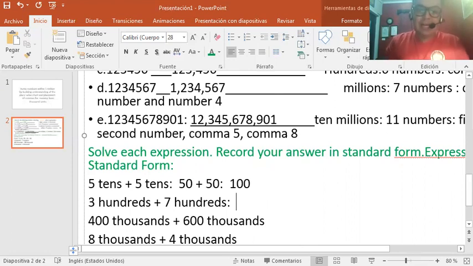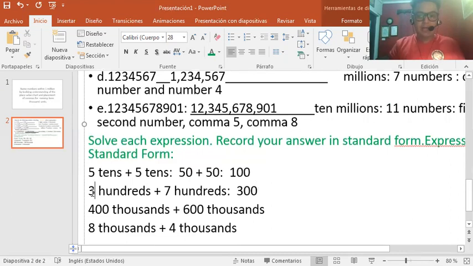We're talking about 10 hundredths. So 10 hundredths, how many are? 10 hundredths, 300. That's great. We already did the first one. Now let's add the plus, and 700. Excellent.